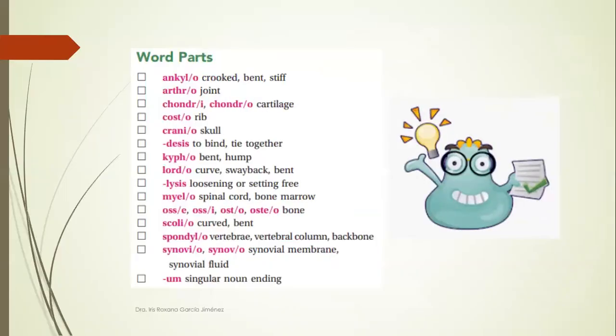Going ahead, we have the word parts, very important, a general idea of what we are talking about in order to deduce meanings, to get the meanings, I mean. For example, ankyl, crooked, bent, or stiff; arthro, joint; chondri or chondro, cartilage; costo, rib; cranio, skull.